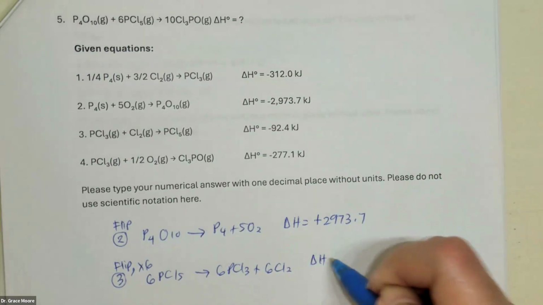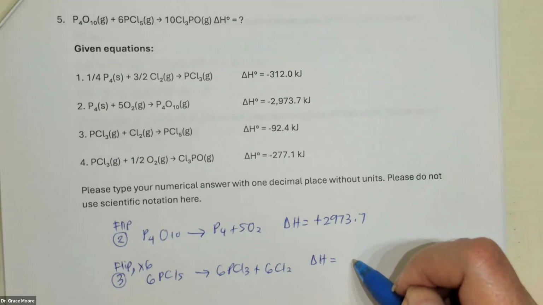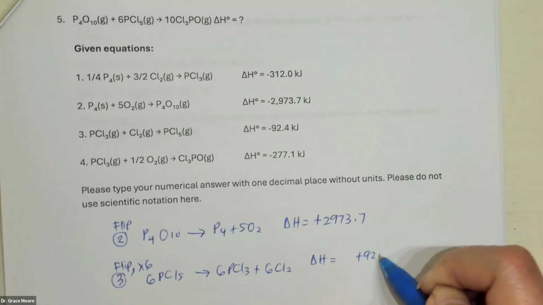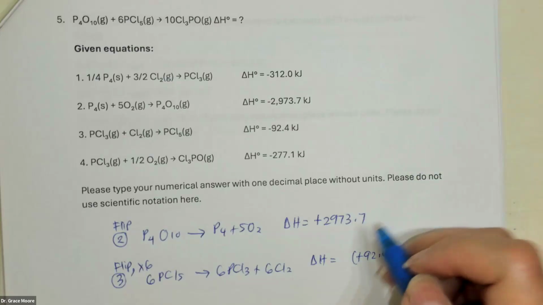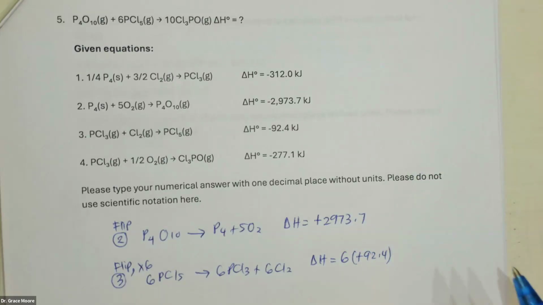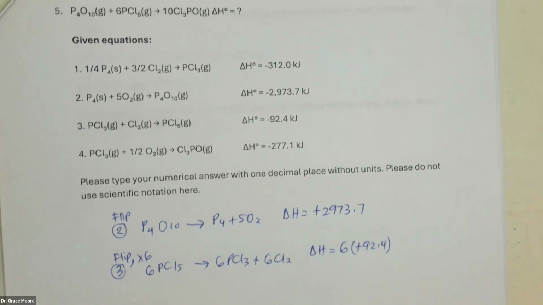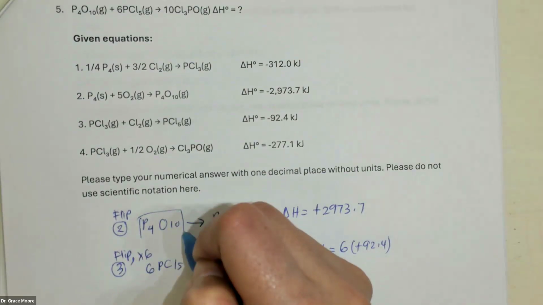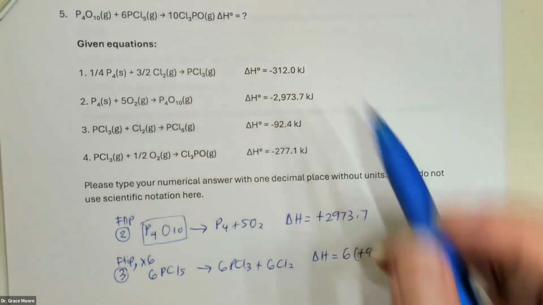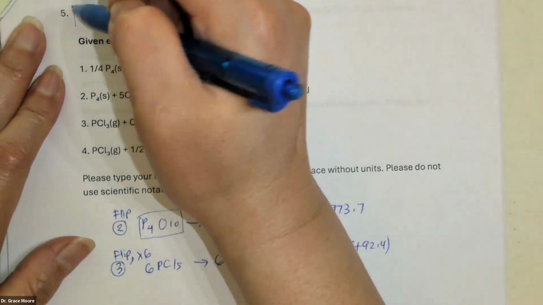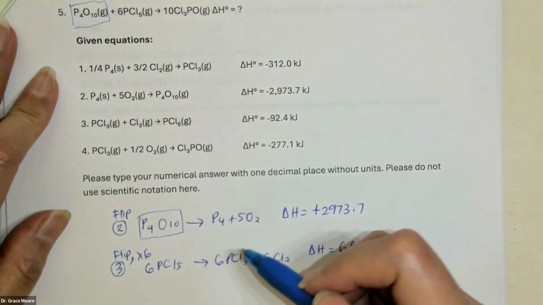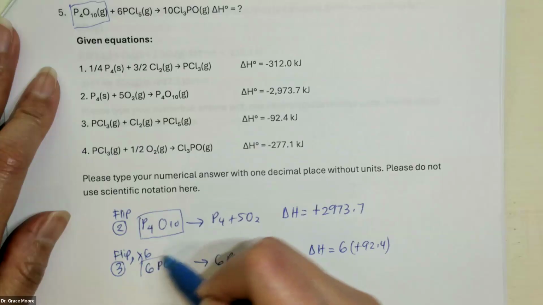And your delta H will have the sign flipped, so positive 92.4, and then you multiply by 6. So far, I've matched P4O10 to P4O10 here. And then the next thing I matched was 6 PCl5.